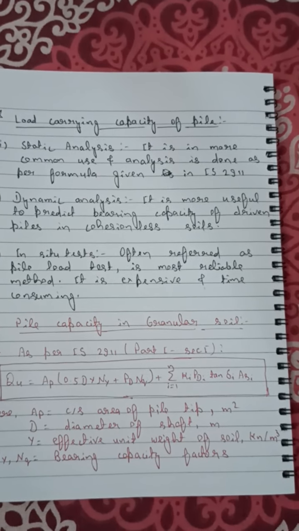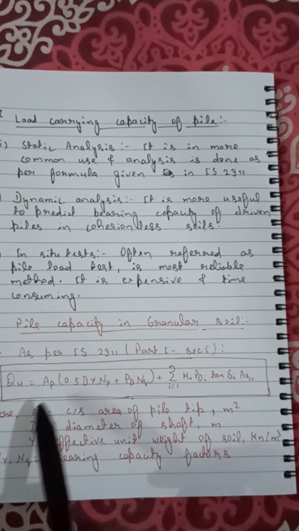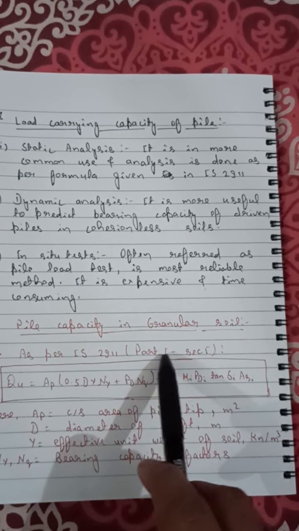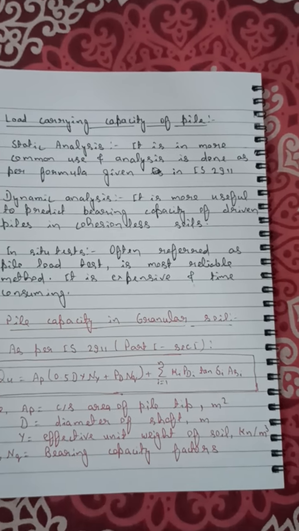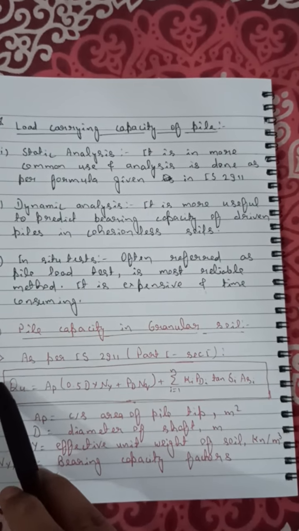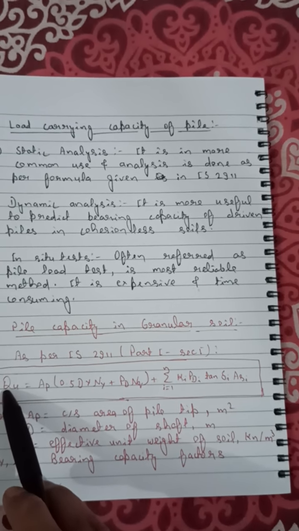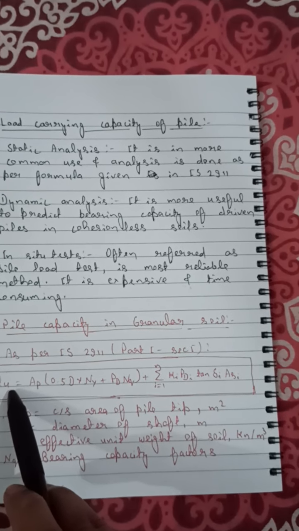Now let's see how to calculate the vertical load carrying capacity of pile in granular soils. As per the formula given in IS 2911 part 1 section 1, QU is the ultimate load carrying capacity of pile.